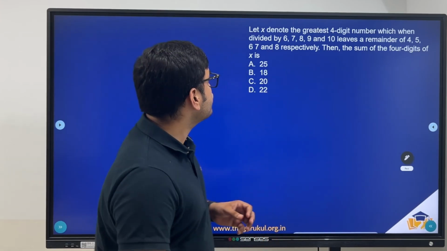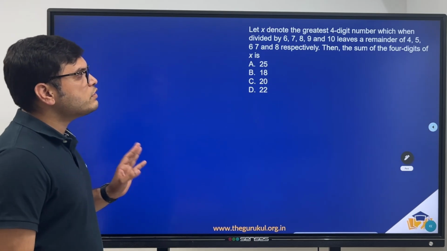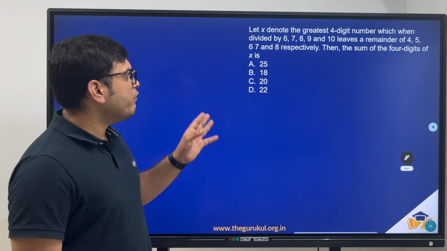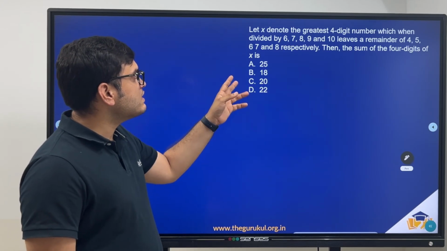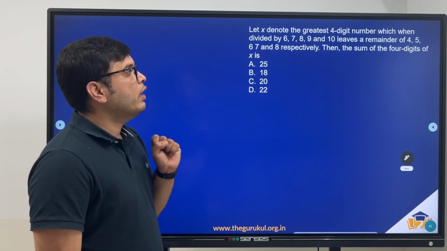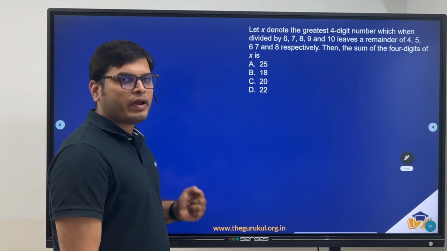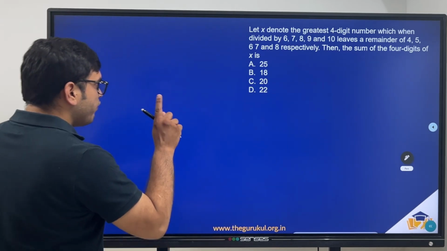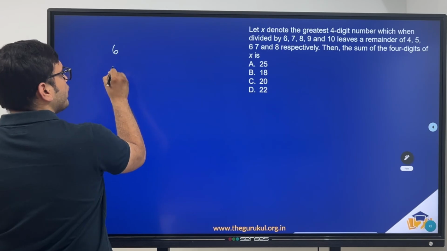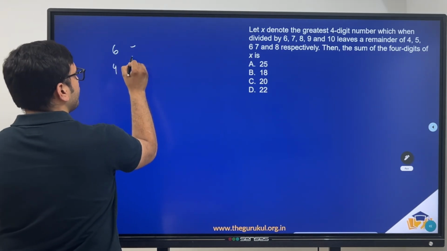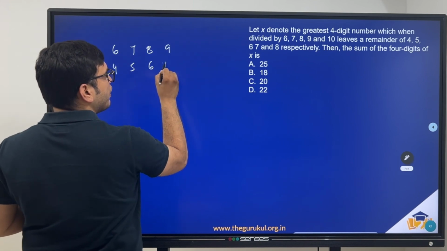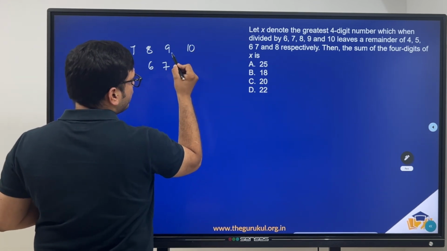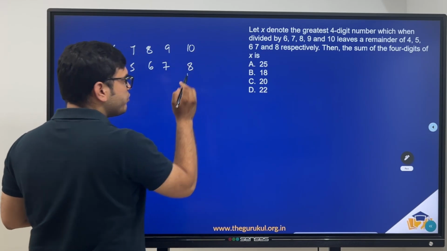Now coming to the last question, let X denote the greatest 4-digit number which when divided by 6, 7, 8, 9 and 10 leaves a remainder of 4, 5, 6, 7 and 8 respectively. Then the sum of the 4 digits of X is? So when you divide that number by 6, the remainder is 4, with 7 the remainder is 5, with 8 the remainder is 6, with 9 the remainder is 7, and when you divide that by 10 the remainder is 8.